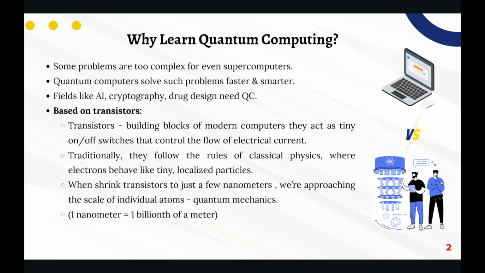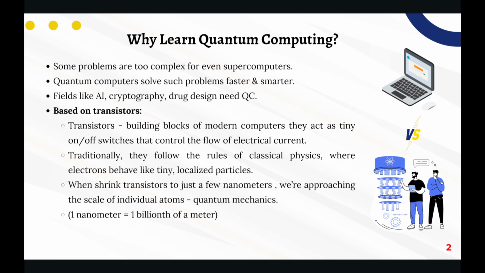So keeping that in mind, let's check what the major differences are between a quantum computer and a classical computer. Traditionally, we know transistors. Transistors are the building blocks of a modern computer. They act like on and off switches that make sure the electric current flows perfectly.